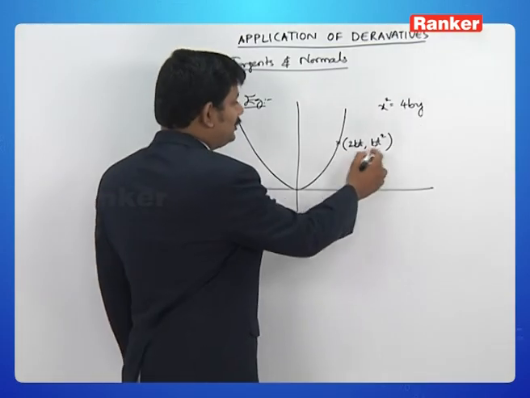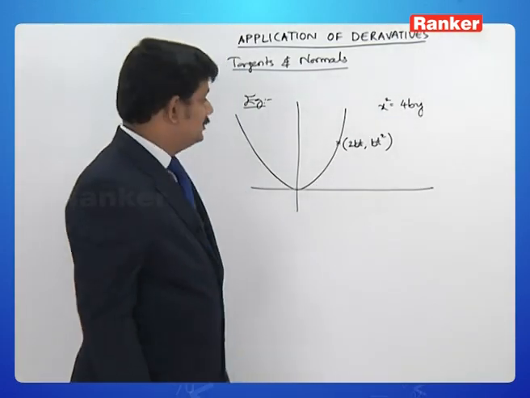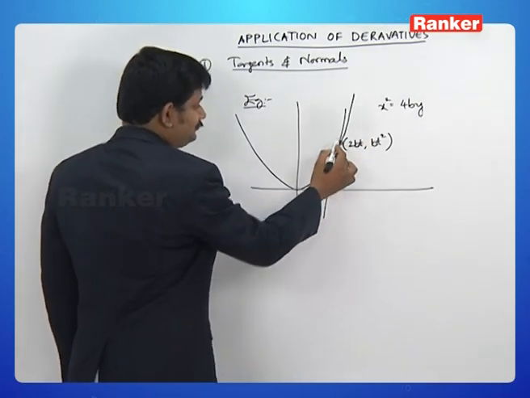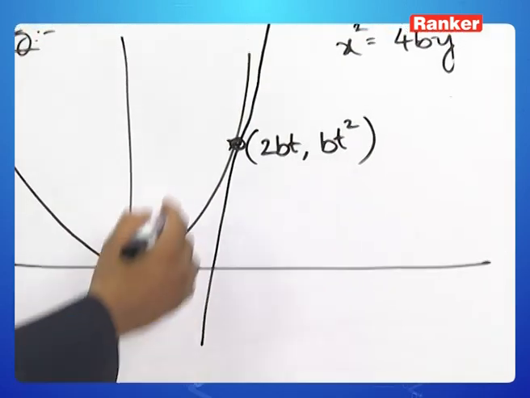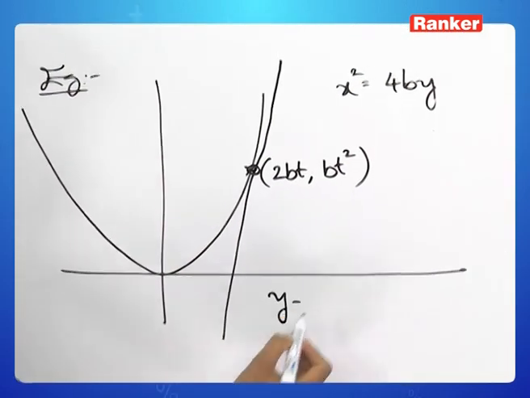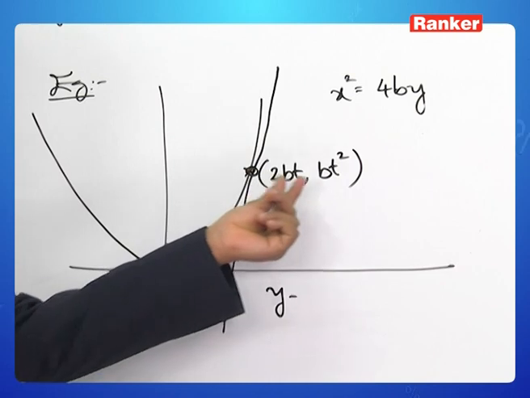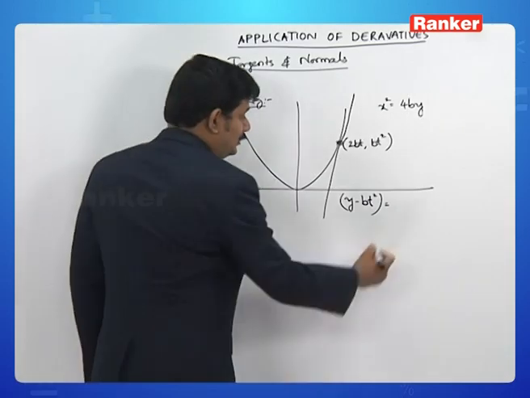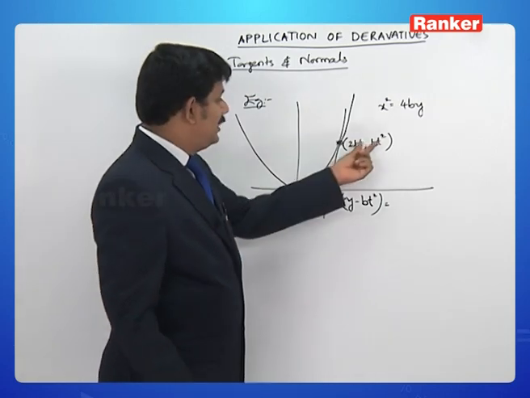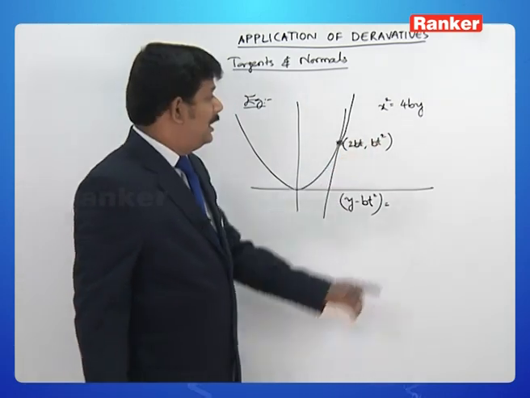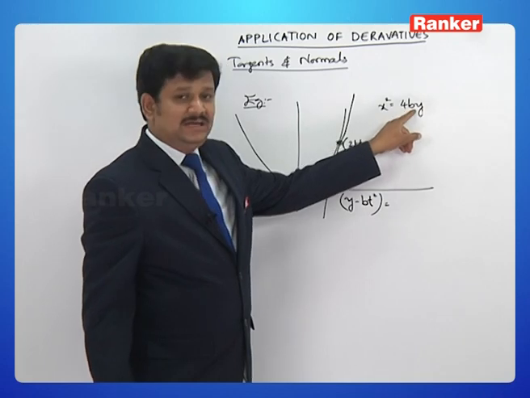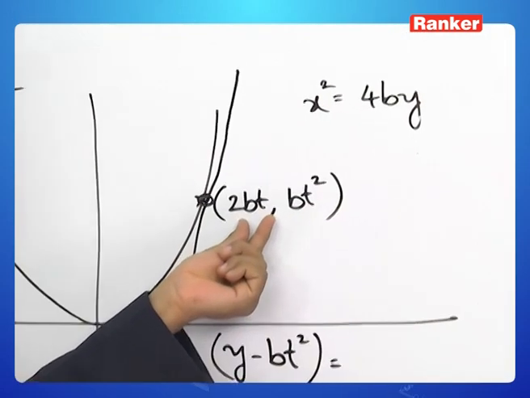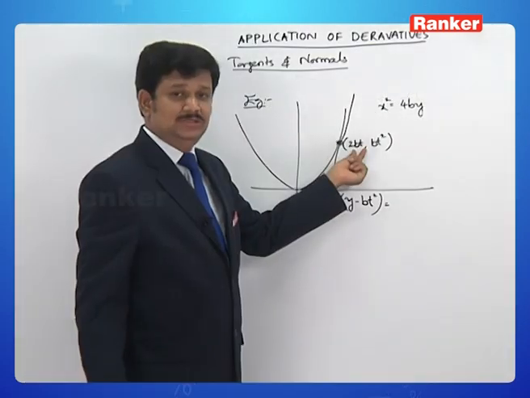These are called parametric coordinates of any point on this particular curve. So let us find equation of tangent at this point. Equation of tangent at this point is given by y minus y1, y coordinate at this point is bt square, is equal to m into, m is dy by dx at this point. Dy by dx, I can either differentiate this curve or differentiate the ordinate and abscissa here parametrically with respect to t.